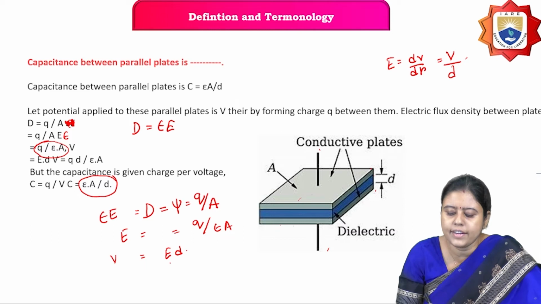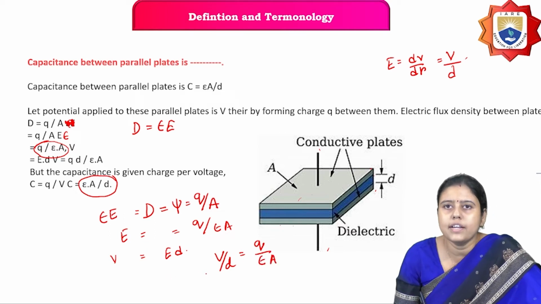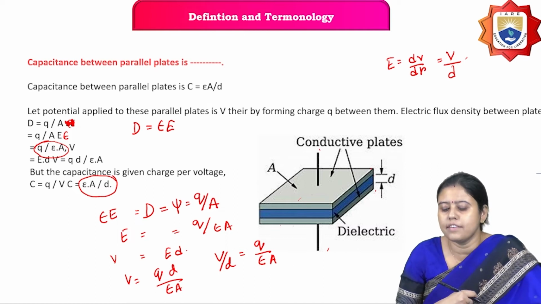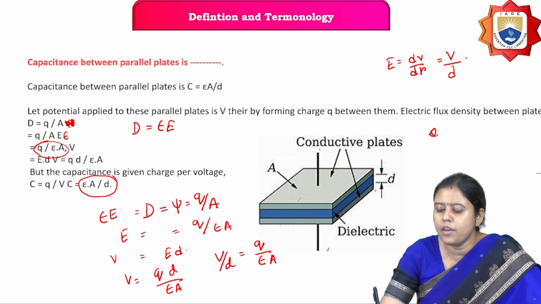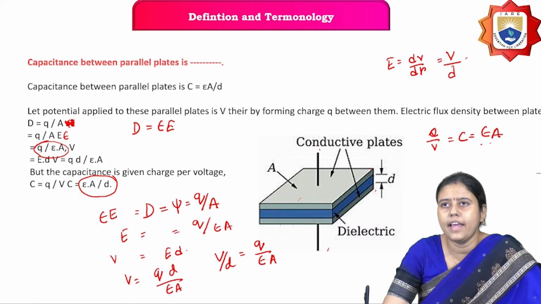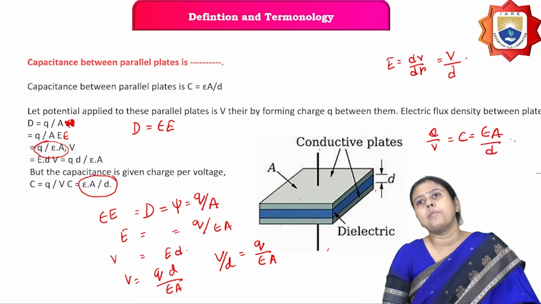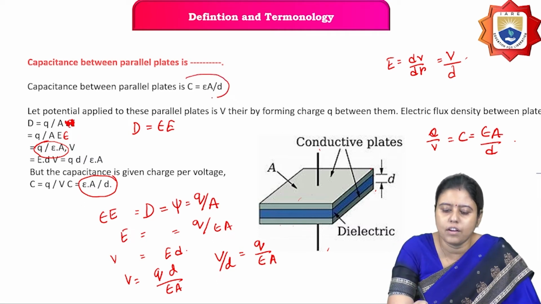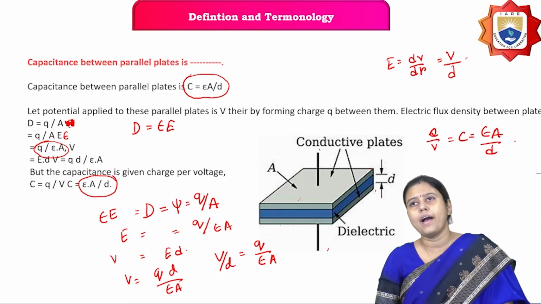So V by d is equal to Q by epsilon into A, and V is nothing but Q d by epsilon A. Now we know Q by V is the capacitance, which is epsilon A by d. So from here we can also deduce the capacitance value, C is equal to epsilon A by d.